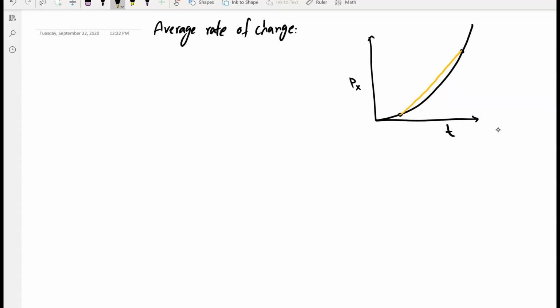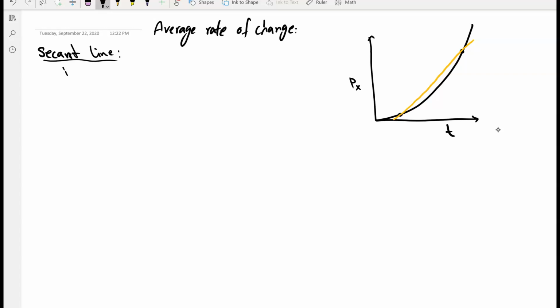Okay, and when a line is intersecting a graph at 2 different points on a curve, that line is known as a secant line. So this is a secant line.